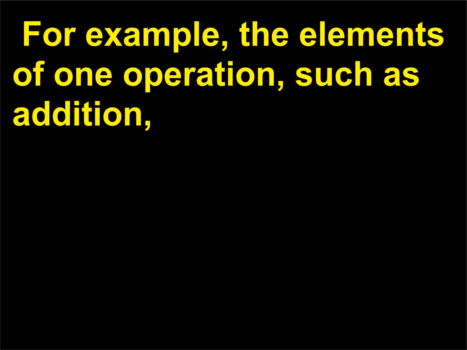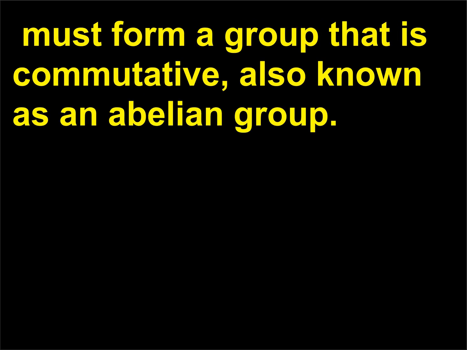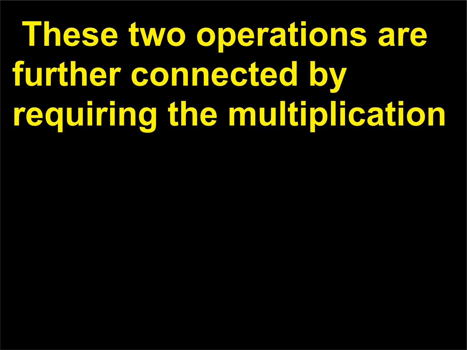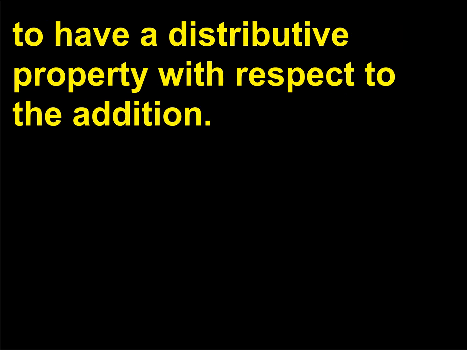For example, the elements of one operation, such as addition, must form a group that is commutative, also known as an abelian group. The multiplicative operation must produce unique answers that have the associative property. These two operations are further connected by requiring the multiplication to have a distributive property with respect to the addition.